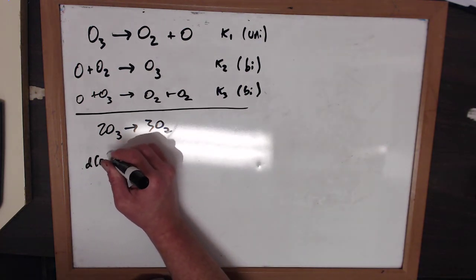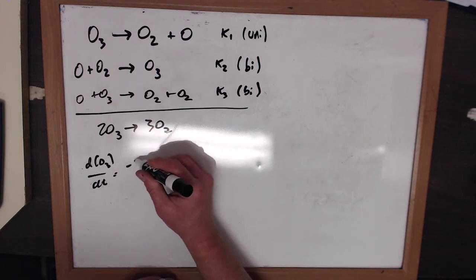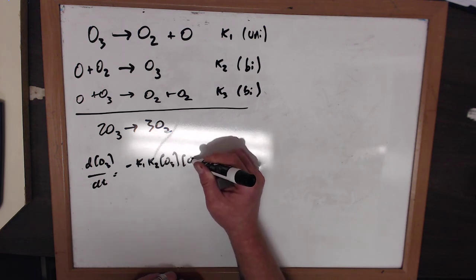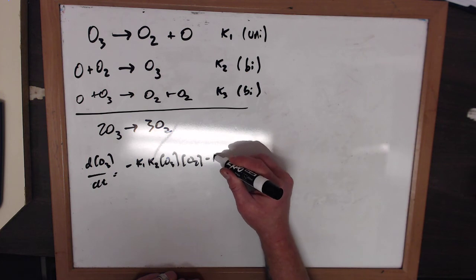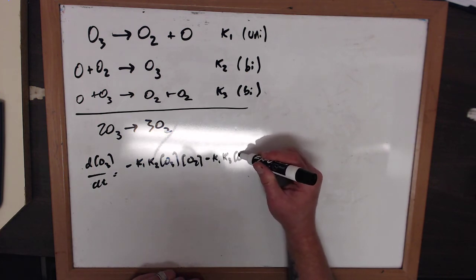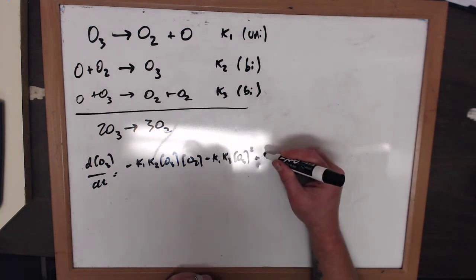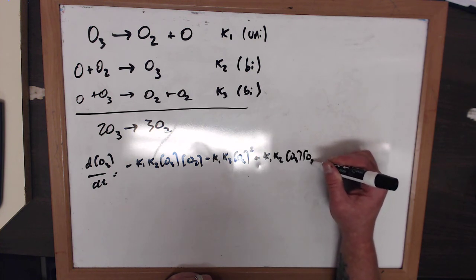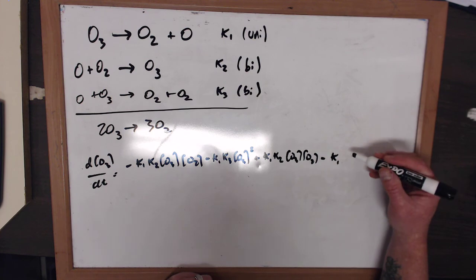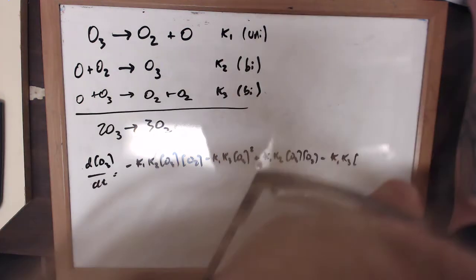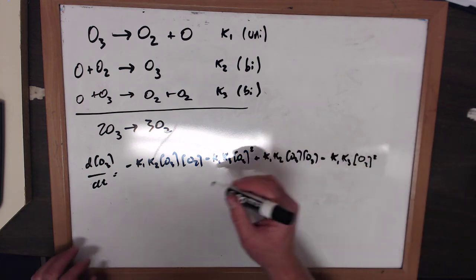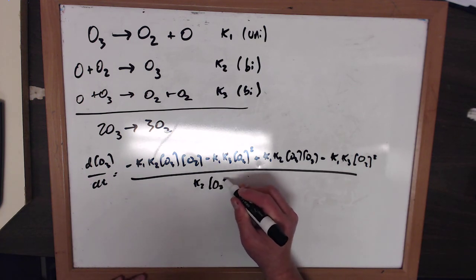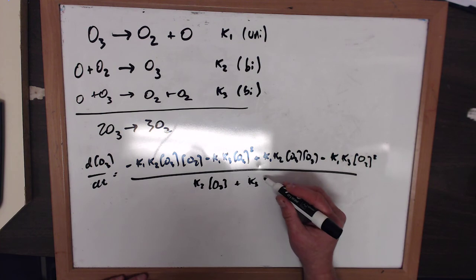So dO3/dt, so that's minus K1 times K2 times O3 times O2 minus K1 times K3 times O3 all squared plus K1 times K2 times O3 times O2, and then finally minus K1 times K3 times O3 squared, and this is all divided by K2 times O2 plus K3 times O3.